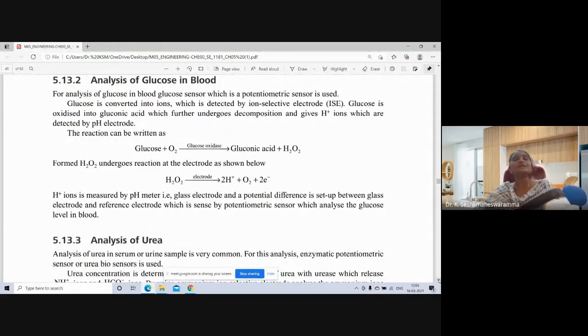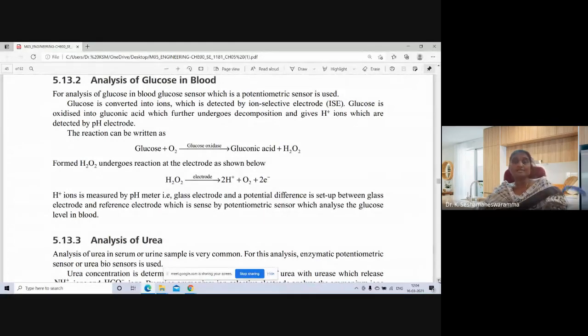Here glucose is converted into ions, which are detected by the ion selective electrode.